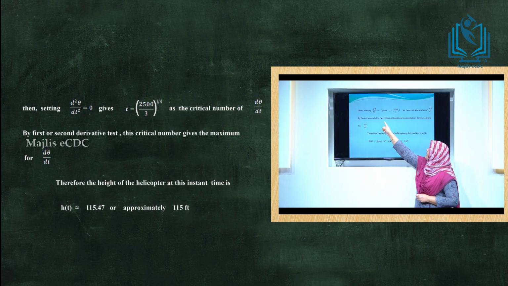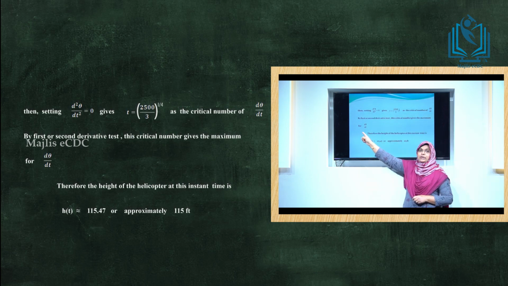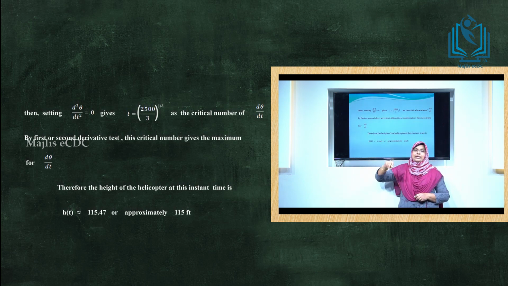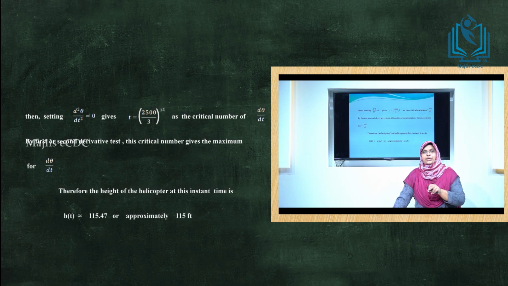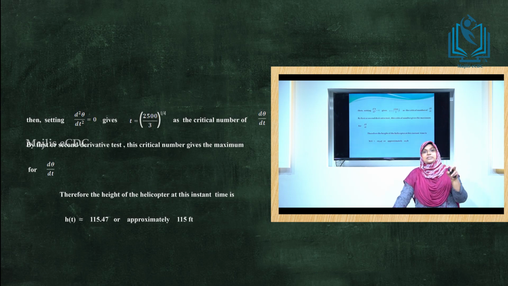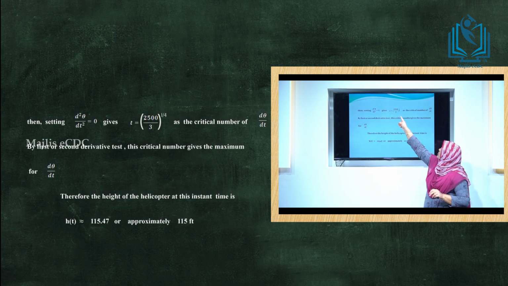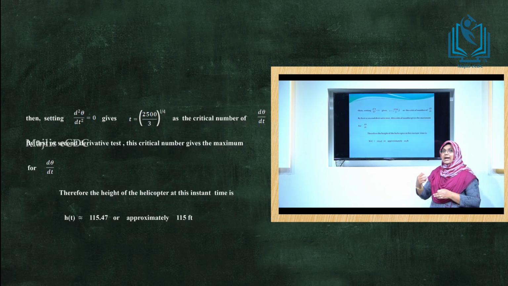By the first or second derivative test, this critical number gives the maximum for d theta by dt. That is, when d squared theta by dt squared equals 0, d theta by dt is maximum. That is, the value of t equals (2500 by 3) whole raised to 1 by 4. Thus, we can compute the height.